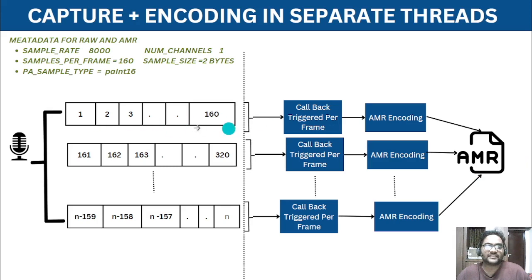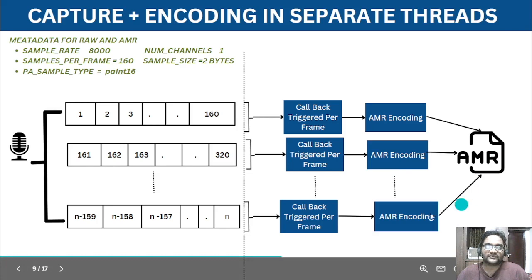These things are happening in parallel. You get 160 samples, it triggers the callback, encodes AMR, and again reads samples and triggers the callback. So it is read, encode, write to file, read, encode, write to file. These three operations are running in parallel.